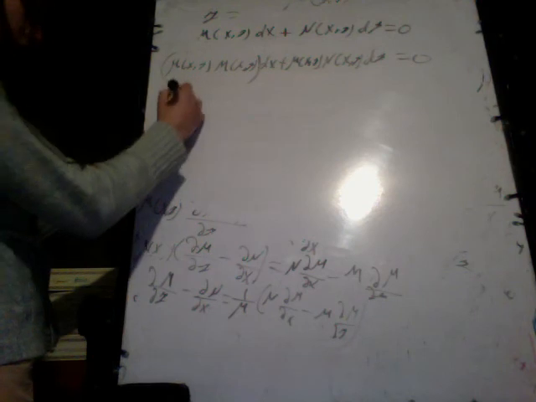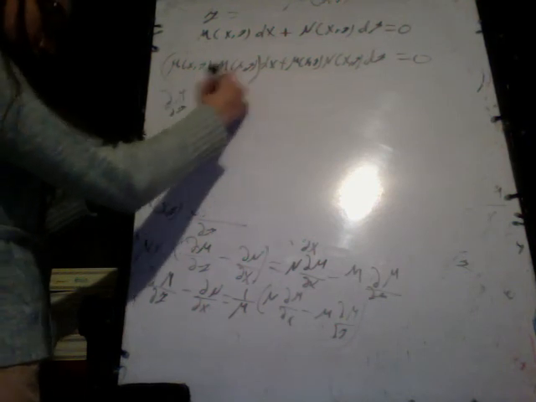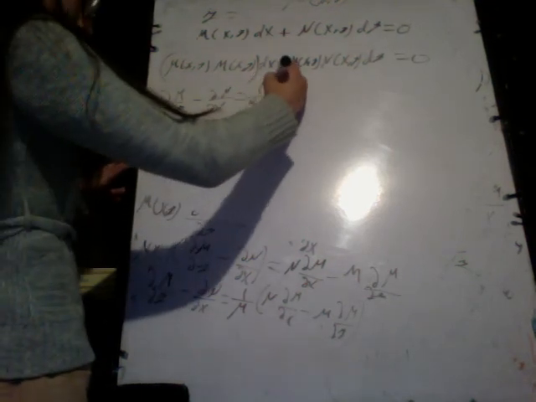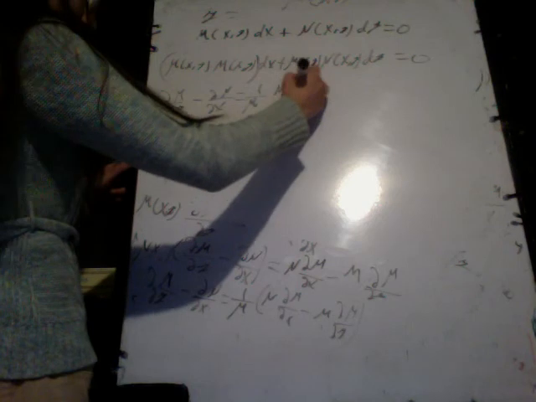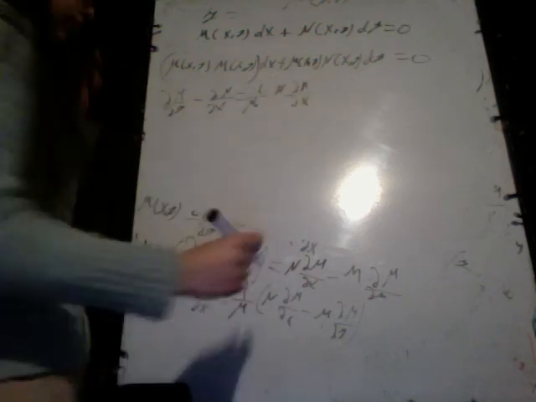So this will go away, and you have the partial derivative of M with respect to y minus partial derivative of N with respect to x is equal to 1 divided by mu times N times partial derivative of mu with respect to x.